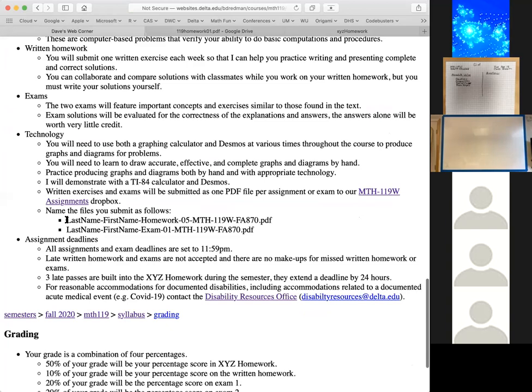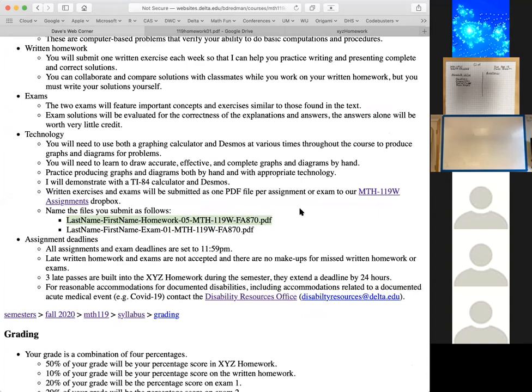I get a lot of papers, and I just want to keep them straight. It's a lot easier for me filing things if you write last name, first name, homework, class, like that.